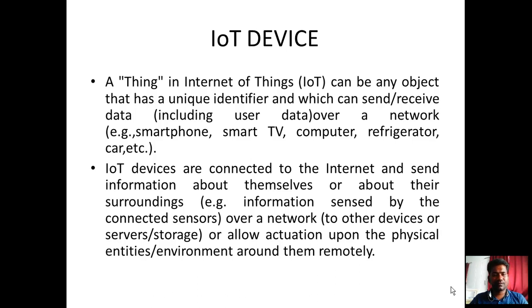IoT devices are connected to the internet and send information about themselves or about their surroundings. Surrounding information is sent by the connected sensors over a network to other devices or server storage, or allows remote activation upon the physical entities around them.